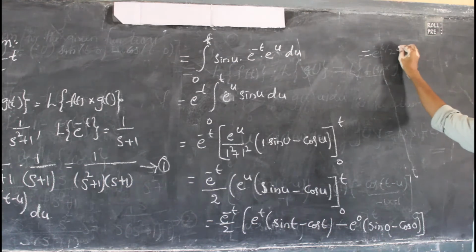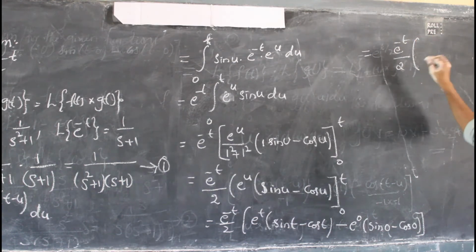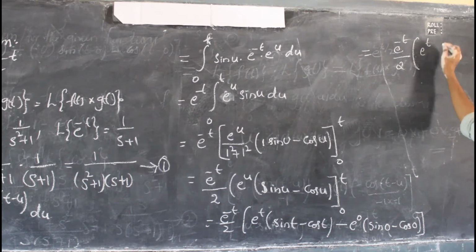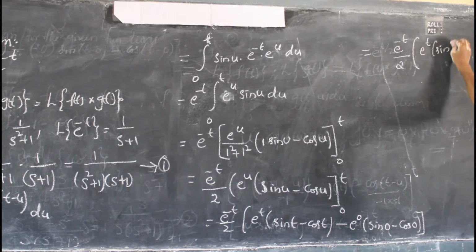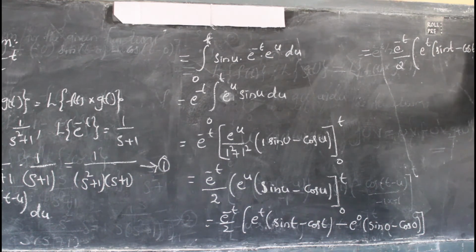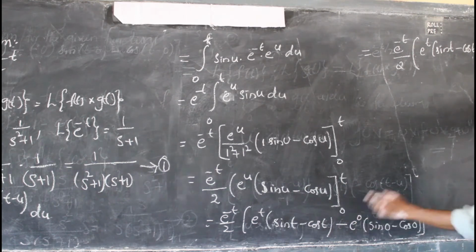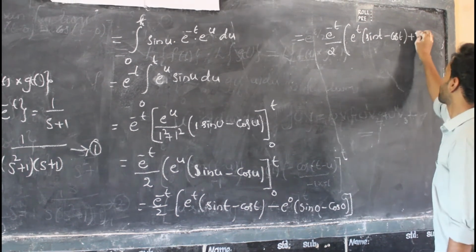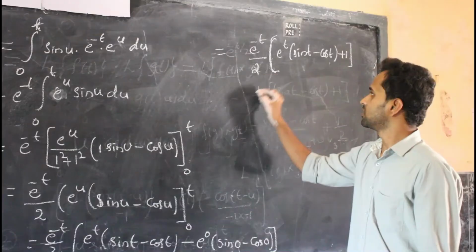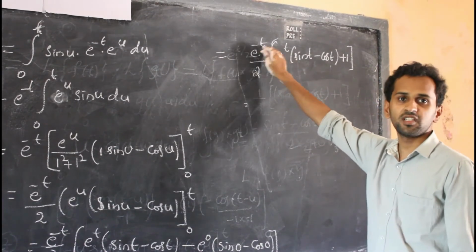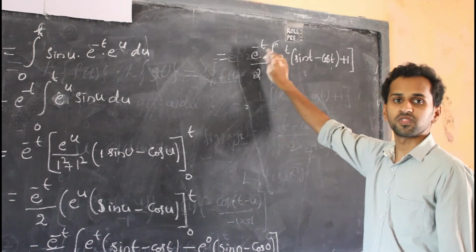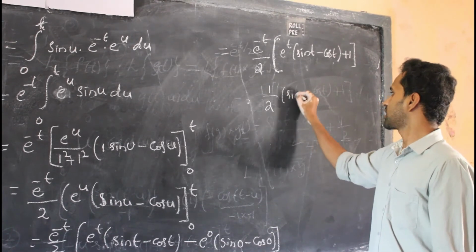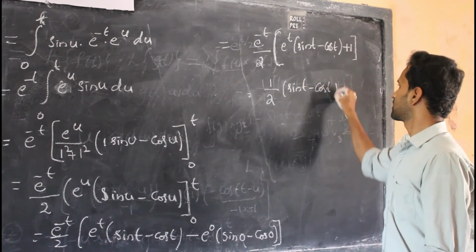Now simplify: e to the power of minus t divided by 2 into [e to the power of t into (sin t minus cos t) minus (e to the power of 0 is 1, sin 0 is 0, minus into minus plus cos 0 is 1) plus 1]. So this will be the solution. While multiplying, e to the power of minus t into e to the power of t becomes e to the power of 0. E to the power of 0 divided by 2 becomes 1 by 2 into (sin t minus cos t).